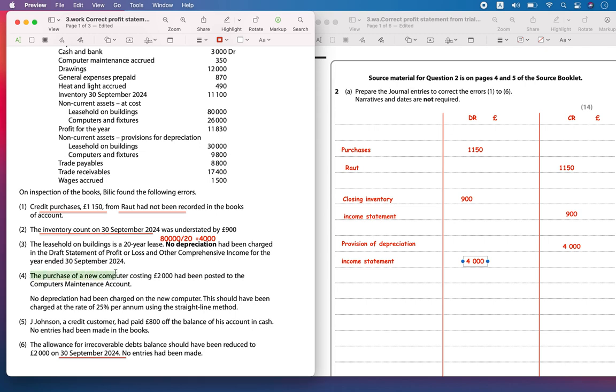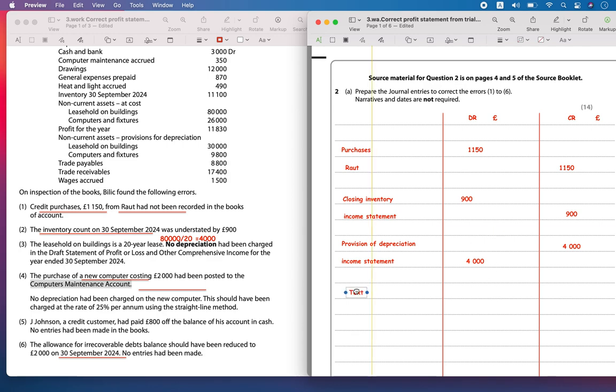Then the purchase of a new computer costing 2,000 had been posted to the computer maintenance account. So the two things affected are the computer asset account, and the maintenance expense, where it has been entered as an expense. So we have to remove it from the computer maintenance account, and enter it into the asset account of the computers.